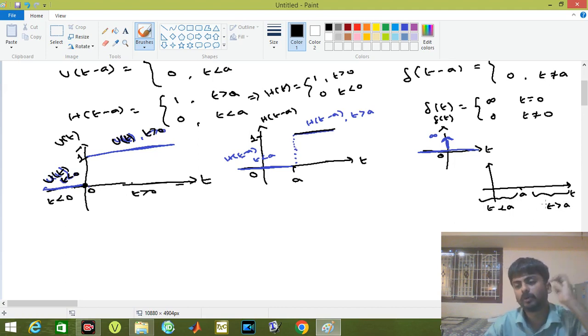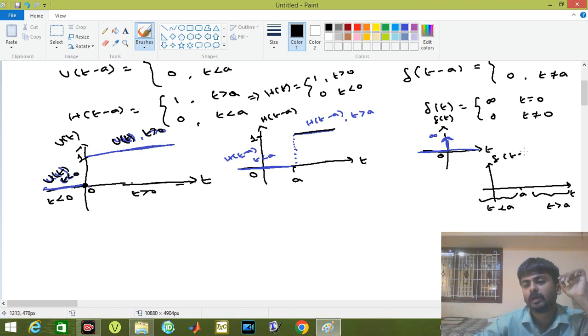That is, t equal to a plus something, or a minus something. Here I am having the shift, so this is given by delta of t minus a. On the y-axis we have delta of t minus a. The shift is here at a.